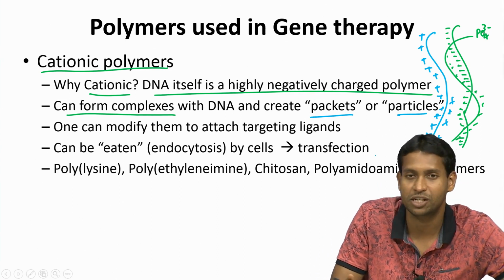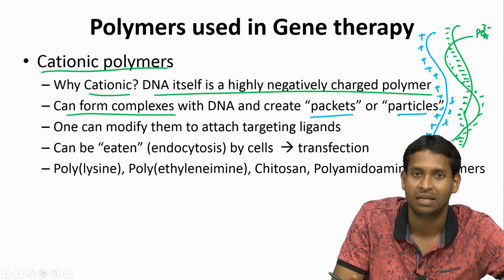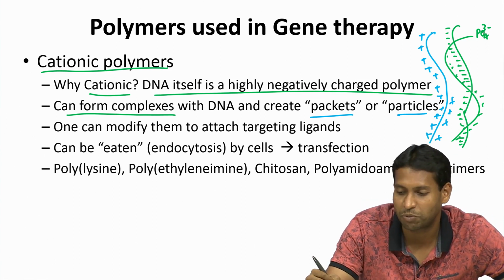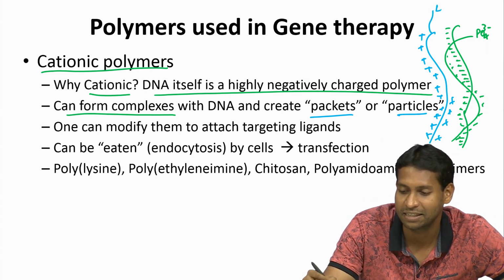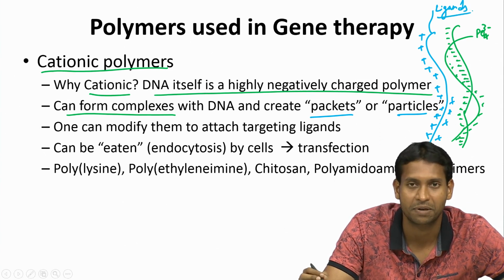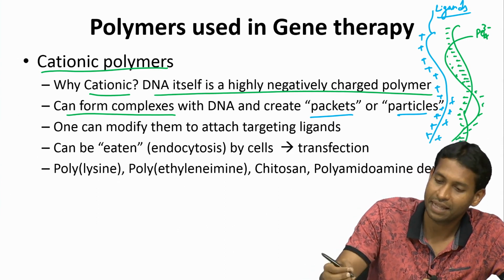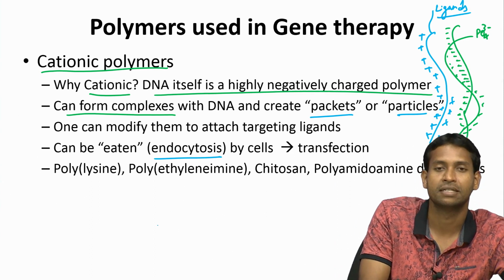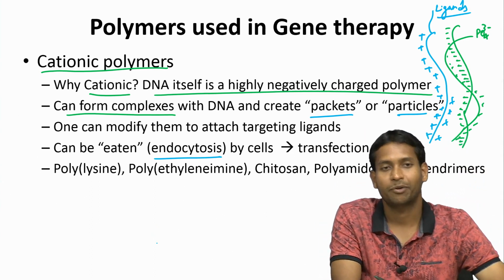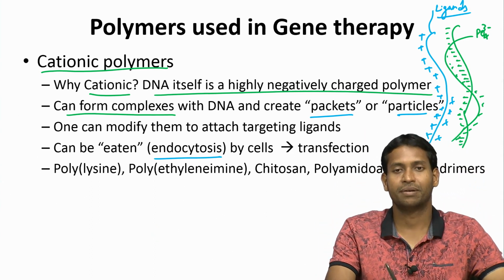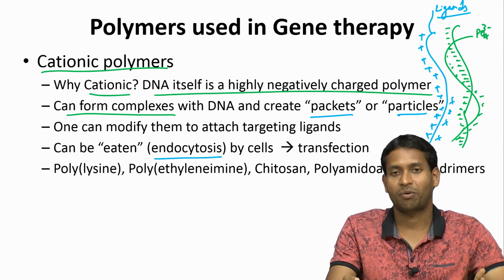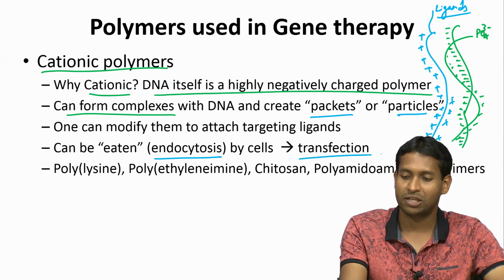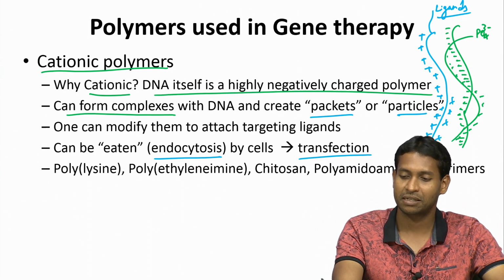Depending on the ratio you can change the size, and then further you can modify these polymers with various ligands to target a cell receptor or some other function. Then these particles are big enough that they can be taken up through endocytosis, and once they are taken up you rely on their escape from the endosome, and then eventually release of this DNA.